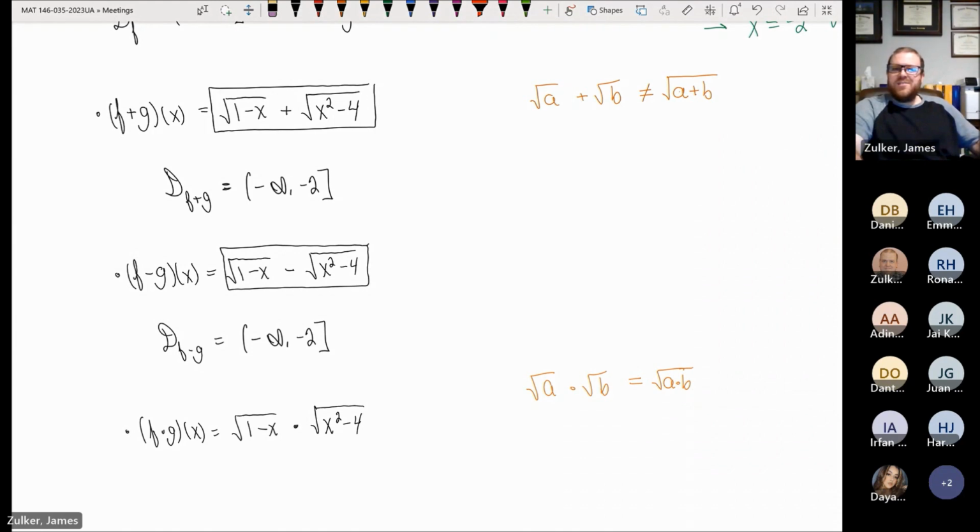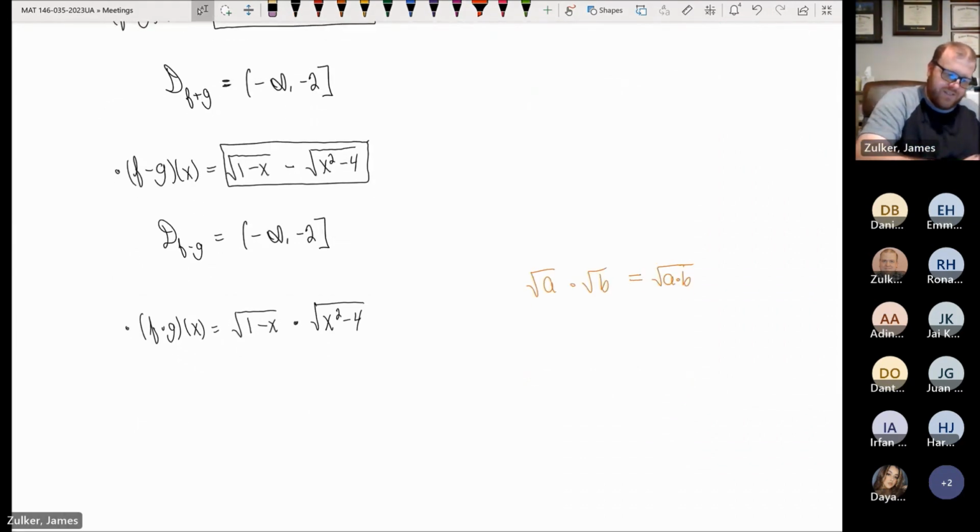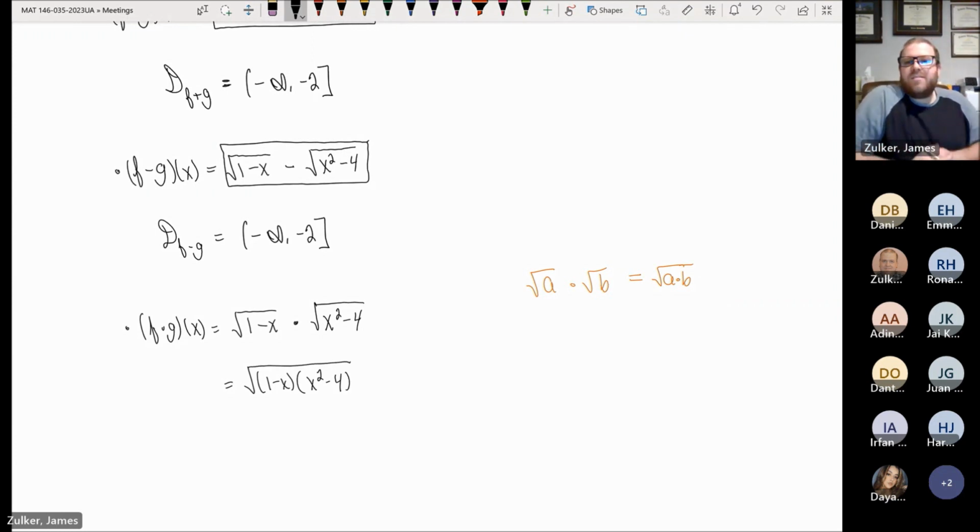You can. Square root does distribute across multiplication.